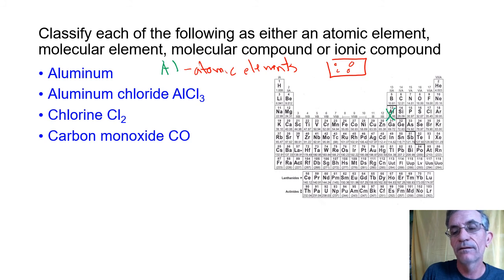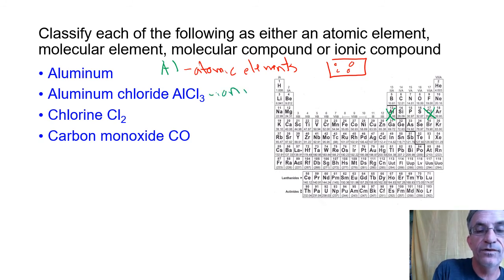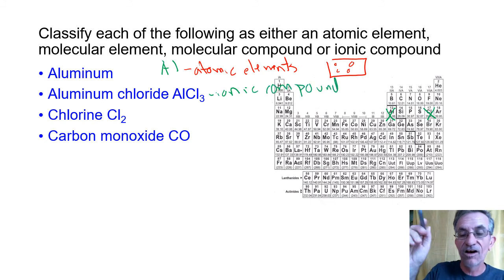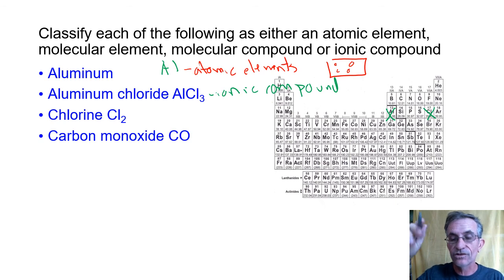Aluminum and chloride. You've got a metal and a nonmetal. That's an ionic compound. So if we could see inside of it, we would see that repeating grid of positives and negatives alternating over and over, that three-dimensional grid.